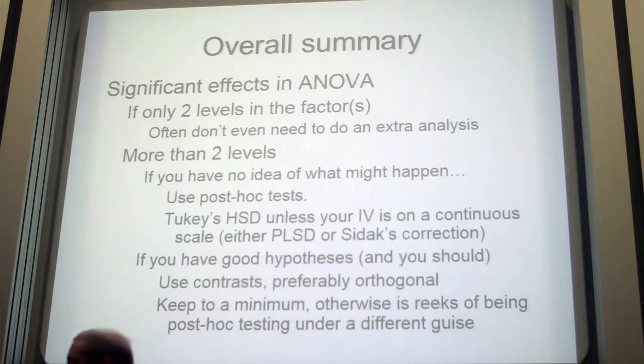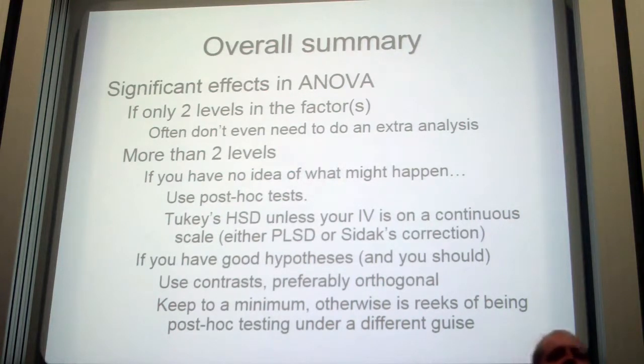If you have got a good, clear hypothesis, and you should have, then use the contrasts. There will normally be just one contrast, but you need to think about what it's going to be. How are you going to take your data and calculate these weights, if you like, so that you're looking for a difference against 0?